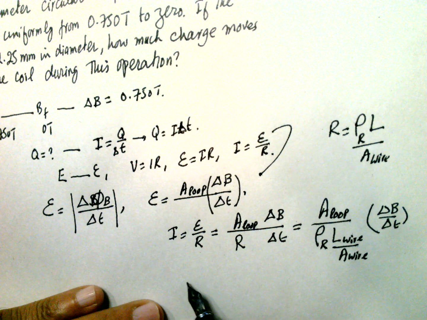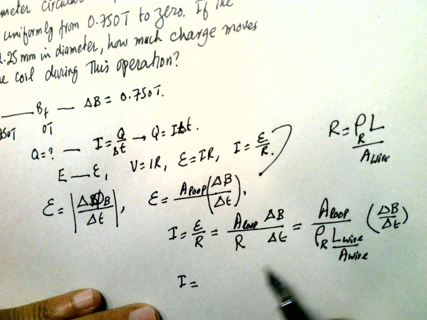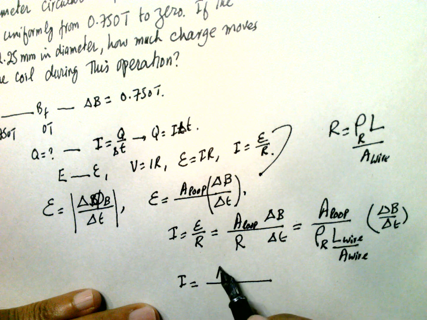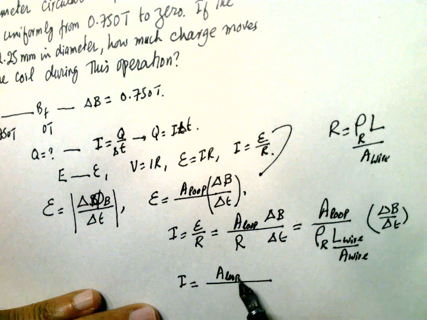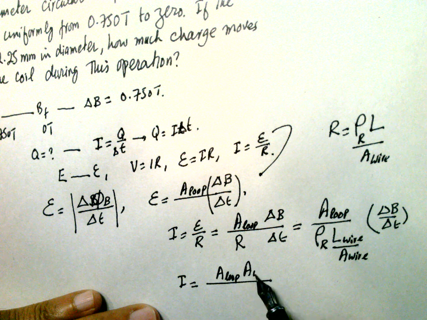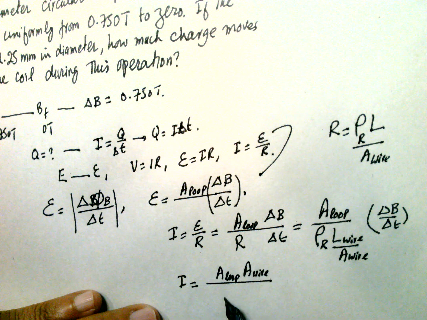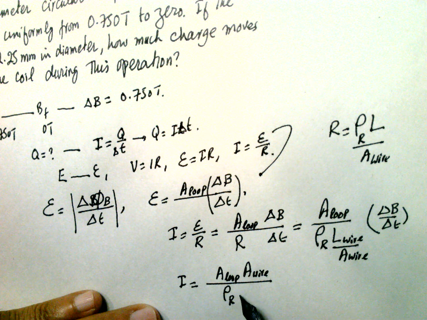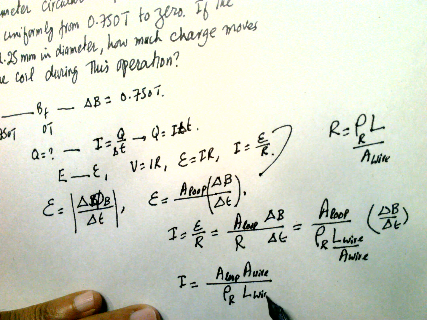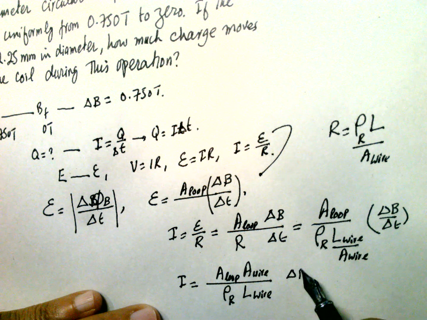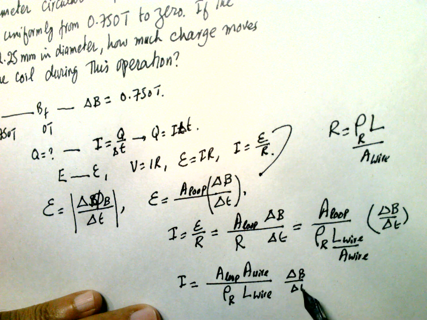Or this can be written as current I equal to area of the loop, area of the wire, over rho times L of the wire, into delta B over delta T.